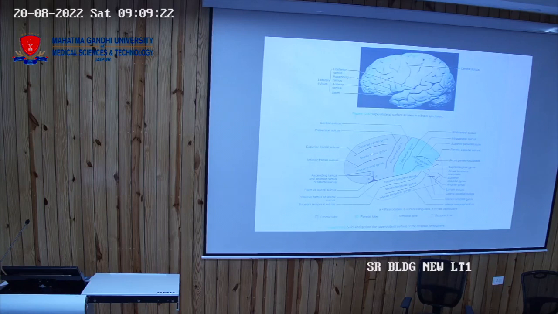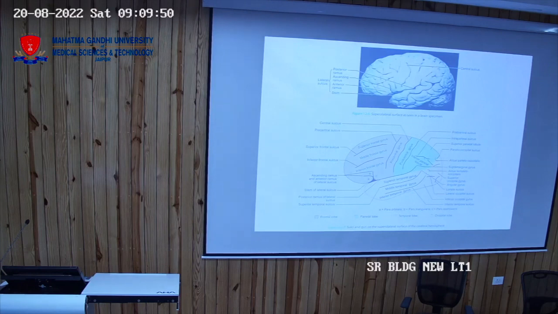The posterior part of the middle frontal gyrus, this area, is related with area number 6, which is the premotor area. And just anterior to this is area number 8, the frontal eye field, that I will tell you about just now, just revising these sulci.